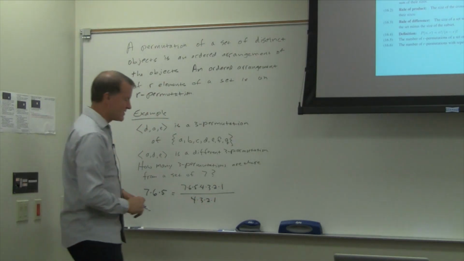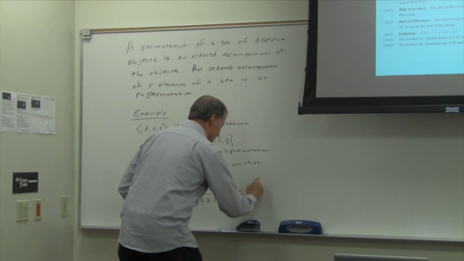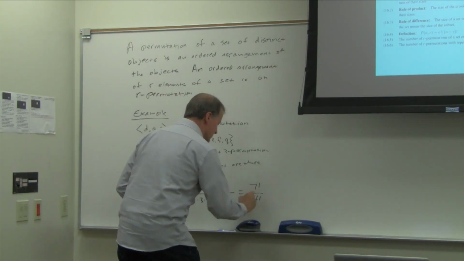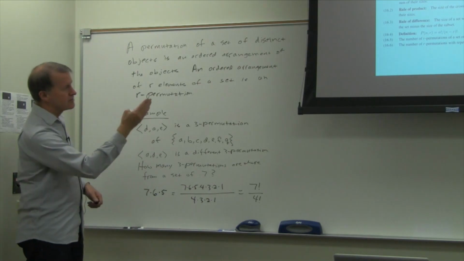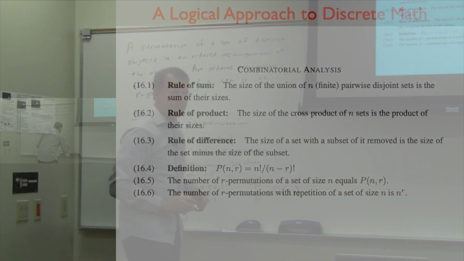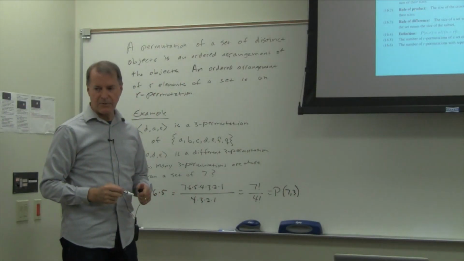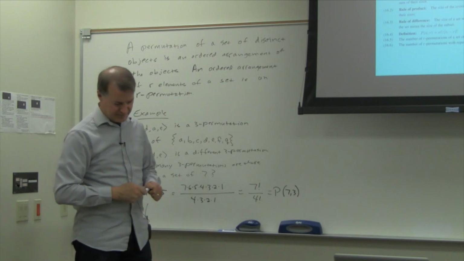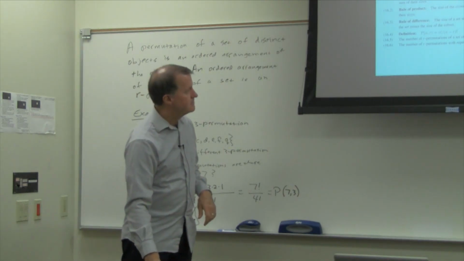So this is 7 factorial over 4 factorial, which is 7 factorial over (7 minus 3) factorial, which is 7 times 6 times 5, which is what we have here. So that's P(7,3). Okay? Are we good?